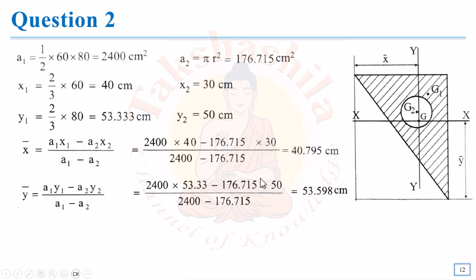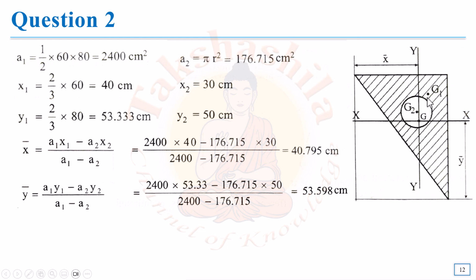Similarly for the other axis also. Y bar is obtained. Y bar means the distance of the centroid of the shaded region from my reference x-axis. So this is the y bar distance, and y bar is coming as 53.598. The value of y1 means the vertical distance from my x-axis to point G1.